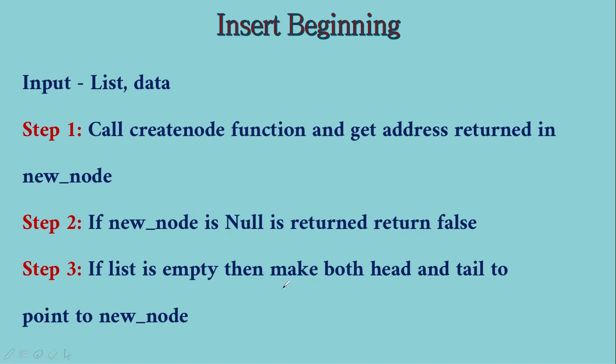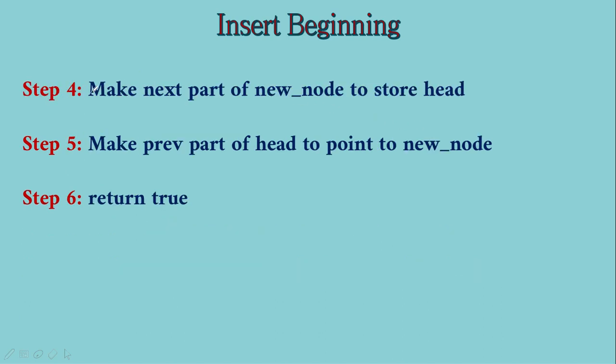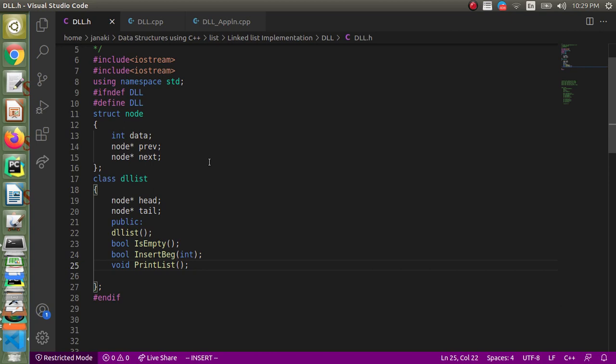If the list is empty then we have to make both head and tail point to the new node, and otherwise we have to make the next part of the new node store head, make the previous part of head point to the new node, and one more thing, we have to move the head of the current list to the new node, and then we have to return true, indicating success to the callee function. Now let's implement this.